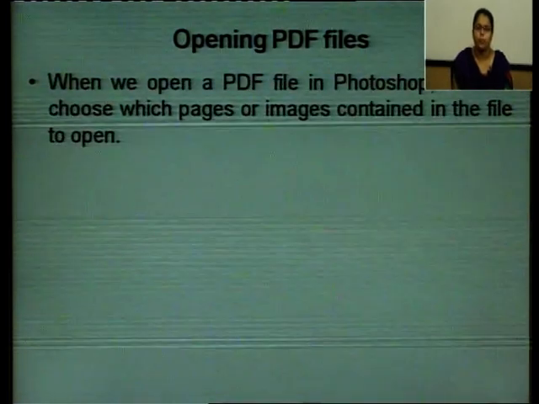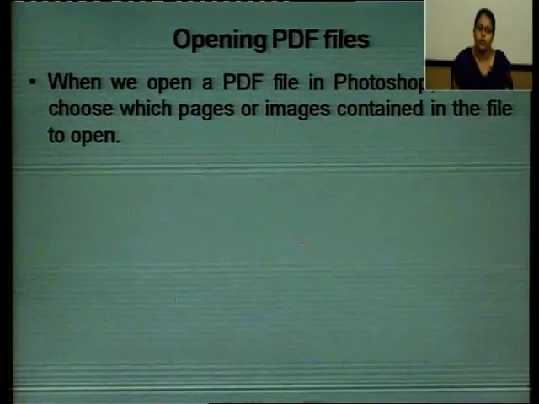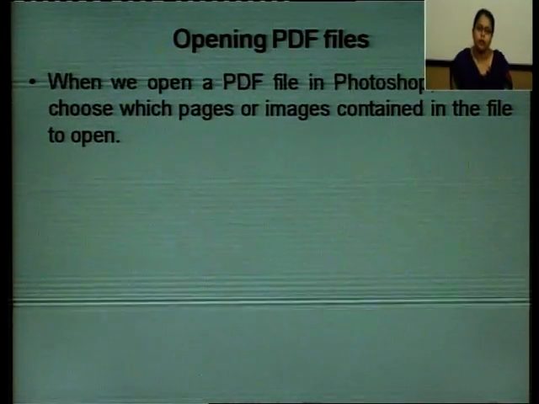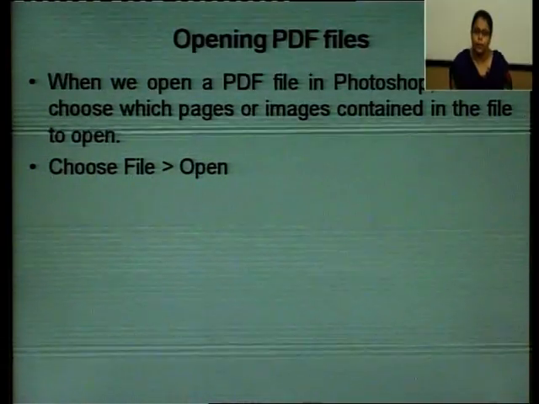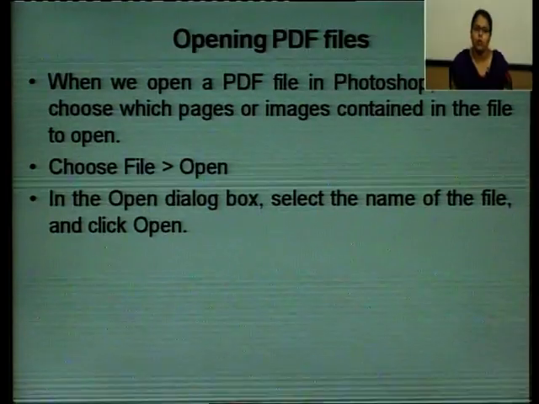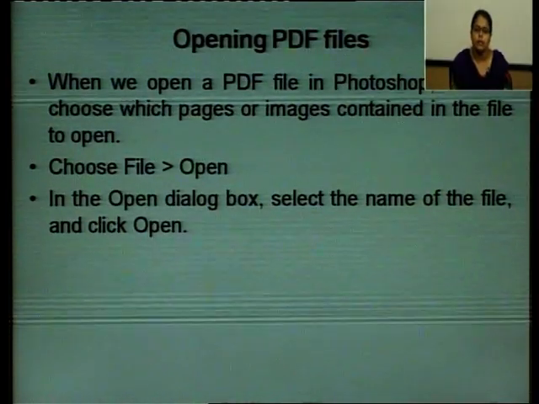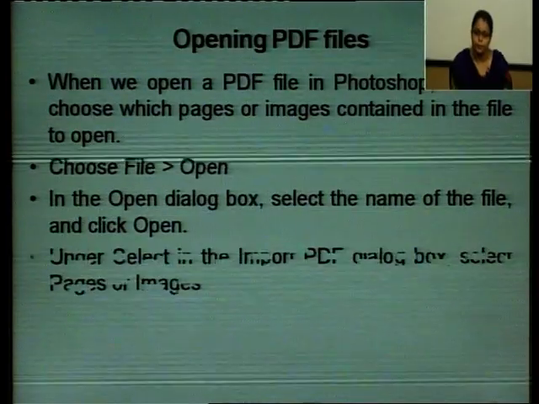You can also open PDF files, or you can also import PDF files into your Photoshop documents. When we open a PDF file in Photoshop, we can choose which pages or images contained in the PDF file to open. For that, you have to go to the File menu, click on Open. In the Open dialog box, select the name of the file and click on the button Open.